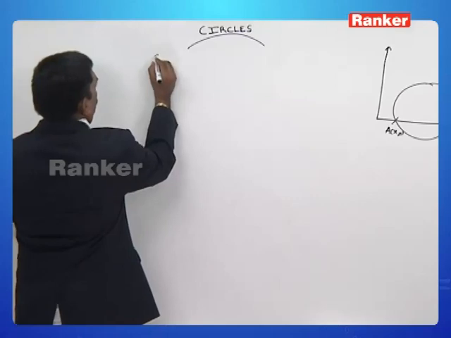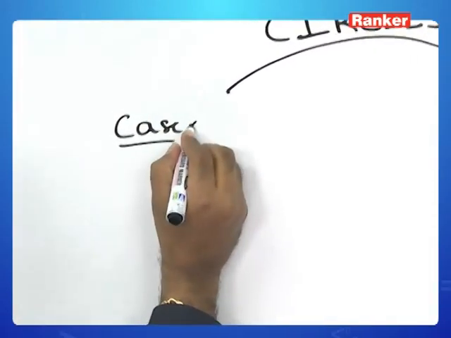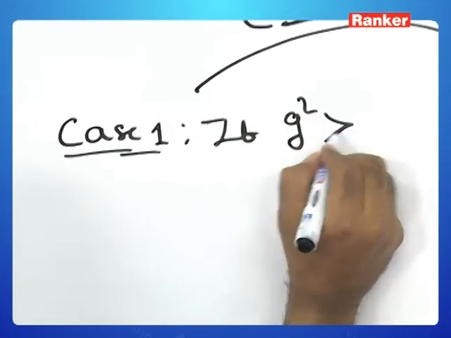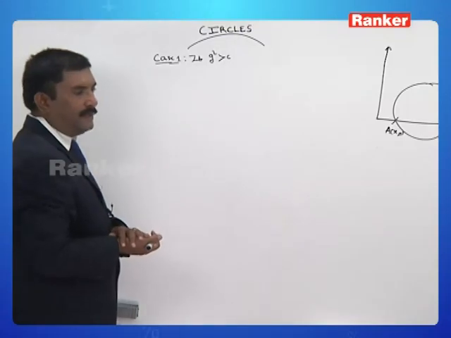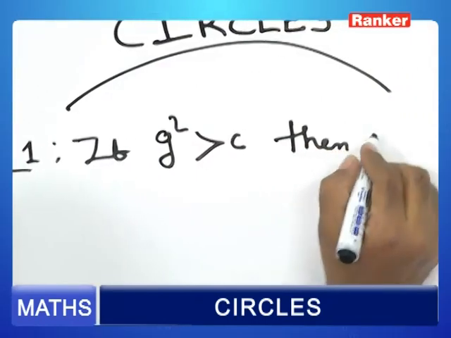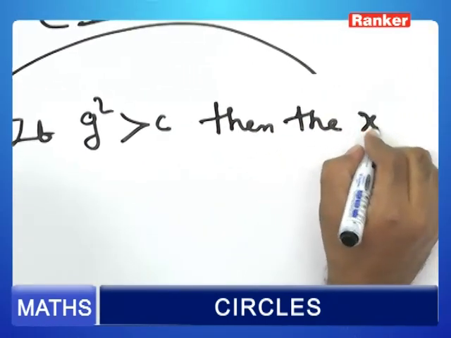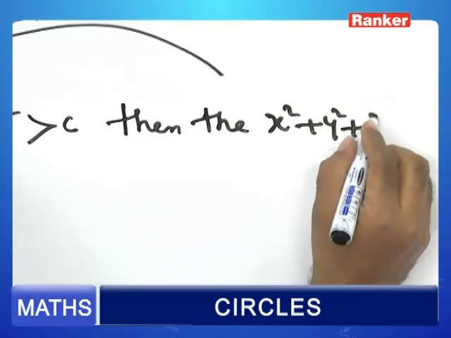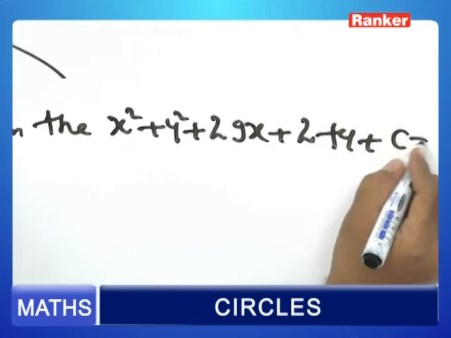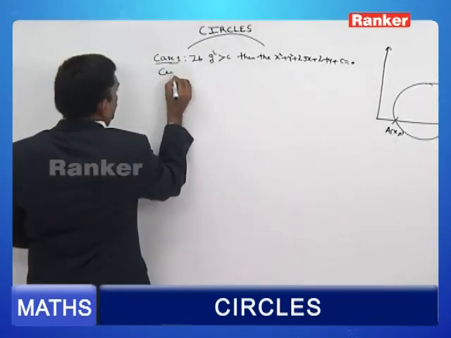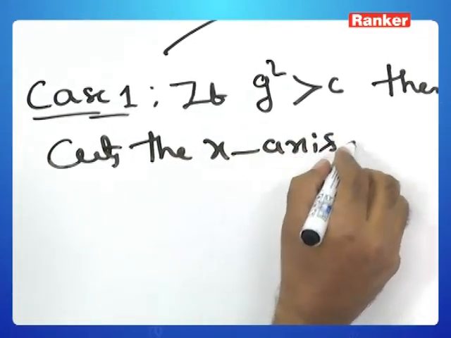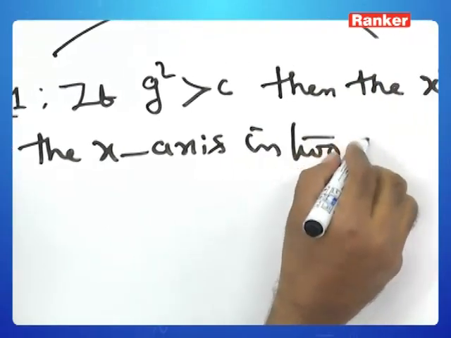Now, case 1. What is case 1? If g square is greater than c, then the circle x square plus y square plus 2gx plus 2fy plus c is equal to 0 cuts the x-axis in 2 points.